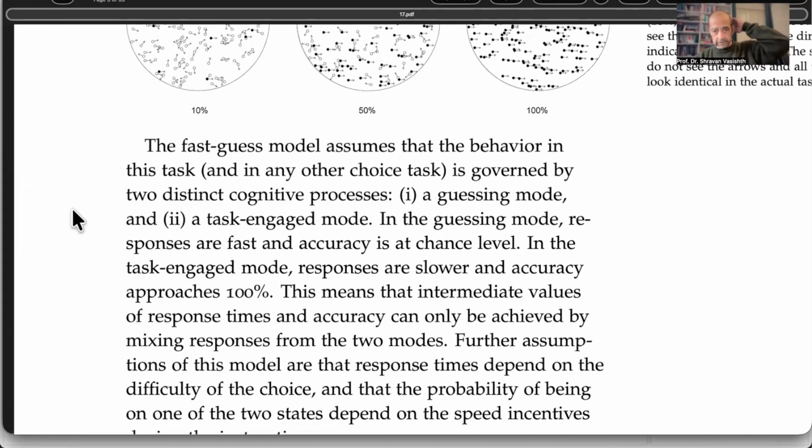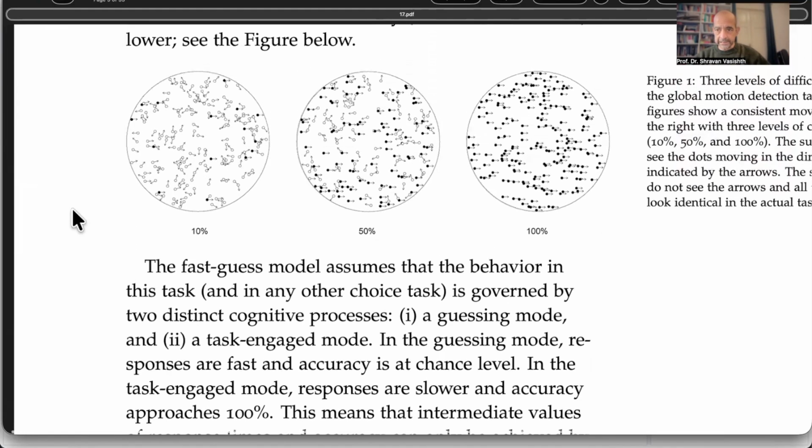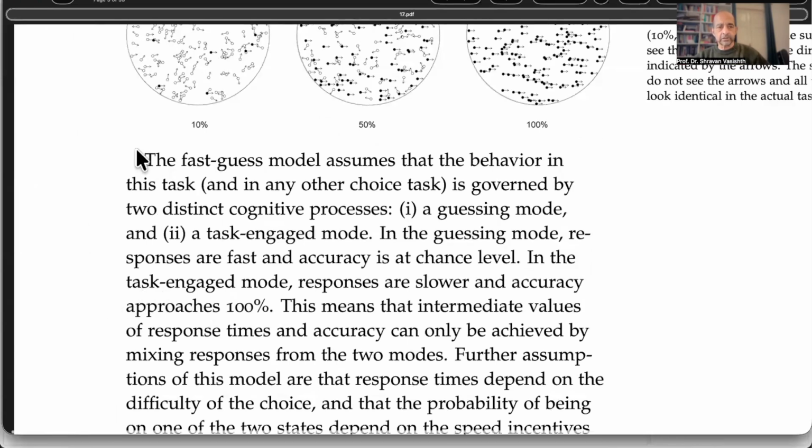So this is what the data will look like, and the theoretical assumption for the generative process that is assumed for this kind of task is called the fast guess model, and this assumes that this is a choice task. So you have to decide which direction the dots that are moving systematically are moving in.